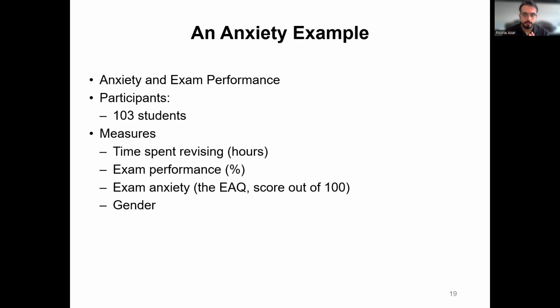It has two levels, male and female. But time spent revising in hours, exam performance in percentage, and exam anxiety score out of 100, these three variables are continuous, and we can easily measure the correlation or relationship among these three variables.